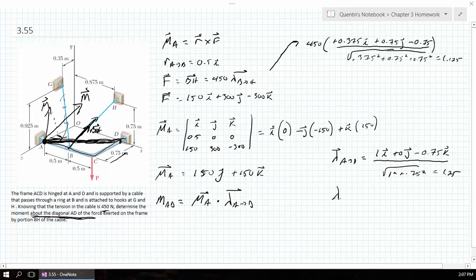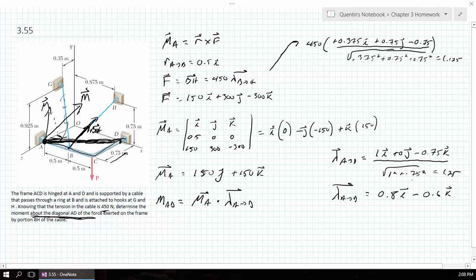So therefore, lambda from A to D is 0.8 in the I direction minus 0.6 in the K direction, and 0 in the J direction.